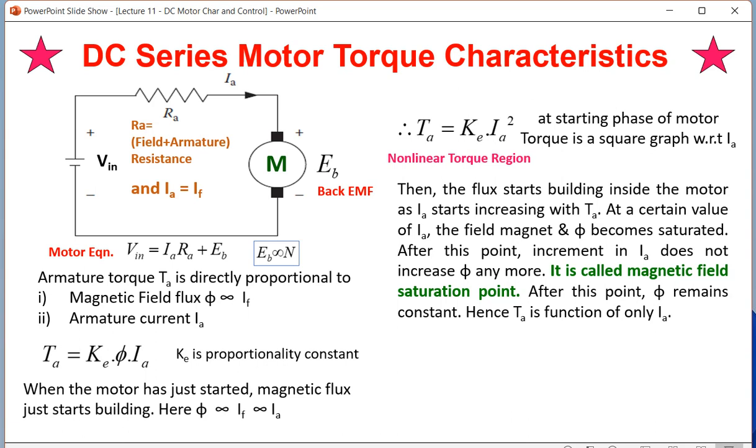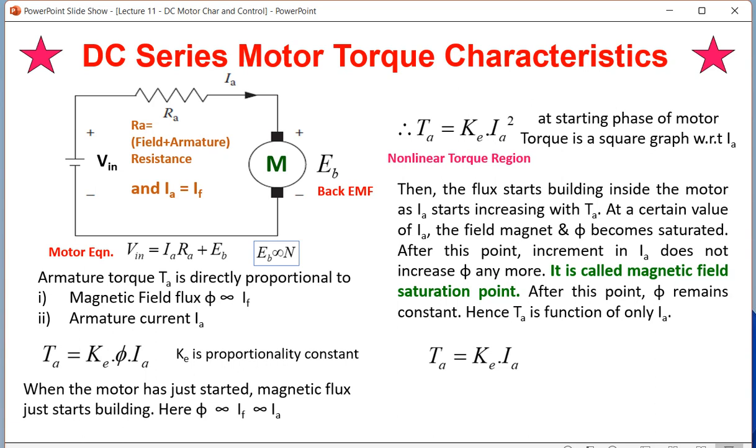After that, even if you increase the current flowing through the coil, it is not going to increase the magnetism. So phi will get saturated. Until phi gets saturated, TA is proportional to IA square. But as soon as phi gets saturated, because even if we increase the current through the coil it does not increase magnetism, up to a certain point phi is proportional to IA.